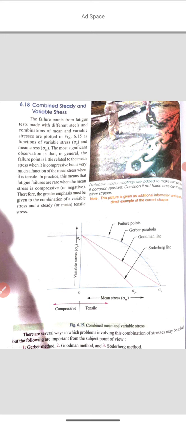Okay, and if the examiner does not give you the criteria on which you are going to design, you may easily use the Soderbergh criteria, so that the metal will be in the safest zone.